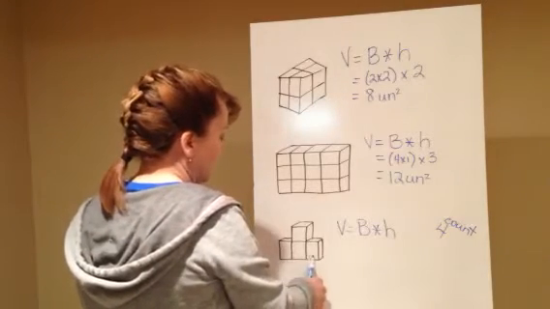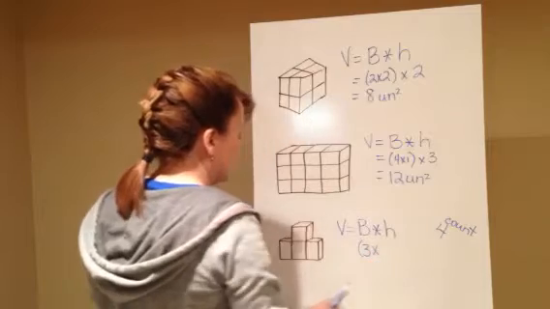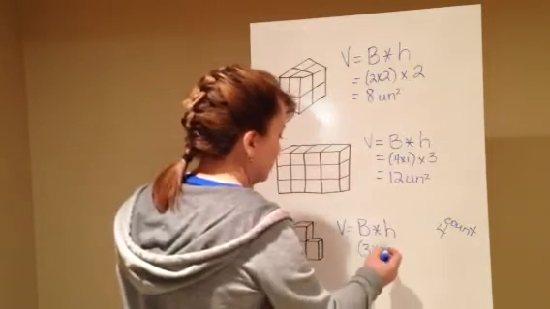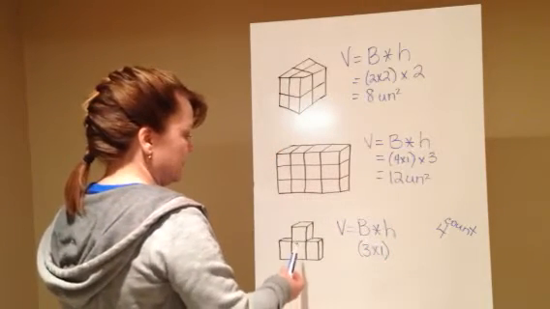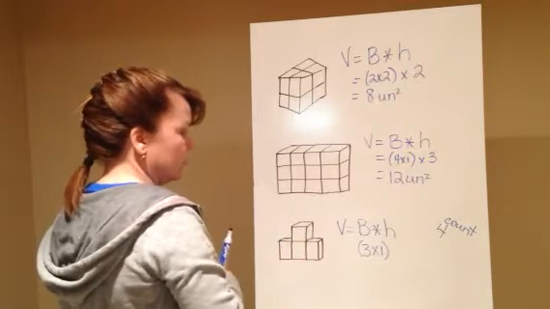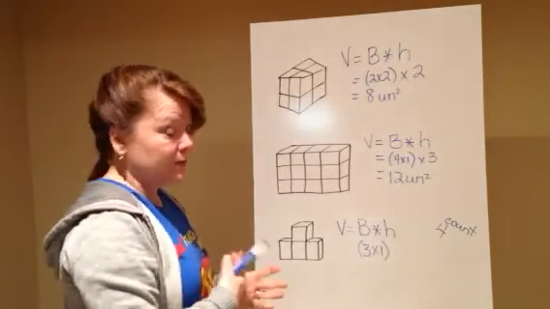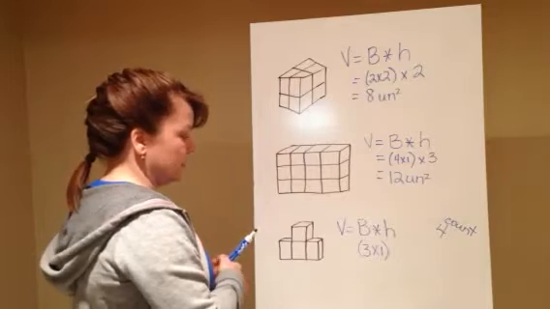So I have 3 wide and 1 for my width. And my height is 2 here, but it's not on both of those sides. So I would have to probably subtract 2 from my answer. Let's see if that works.